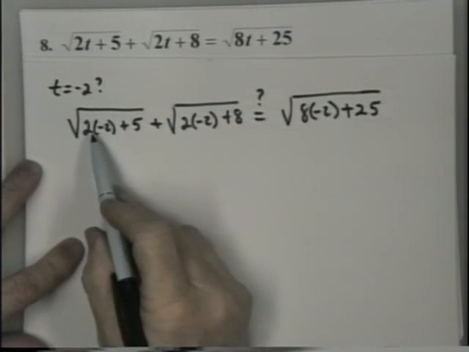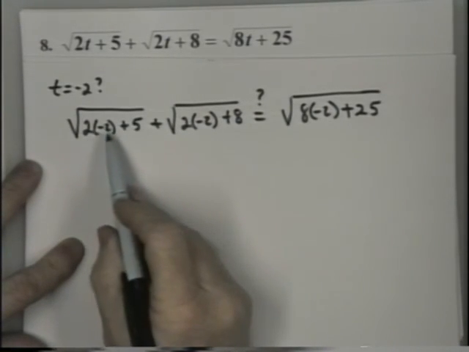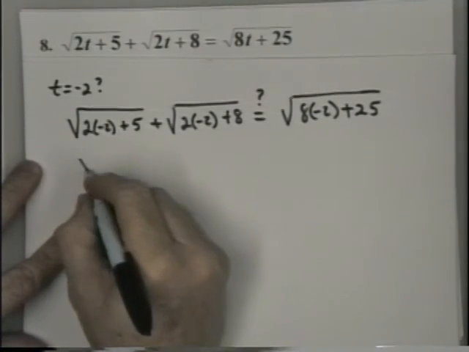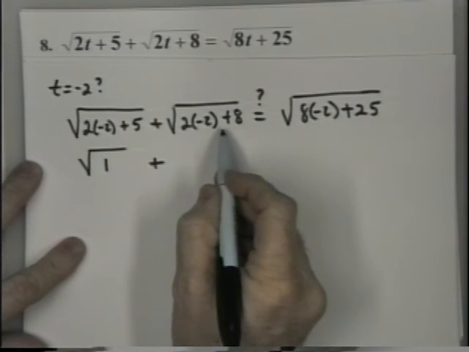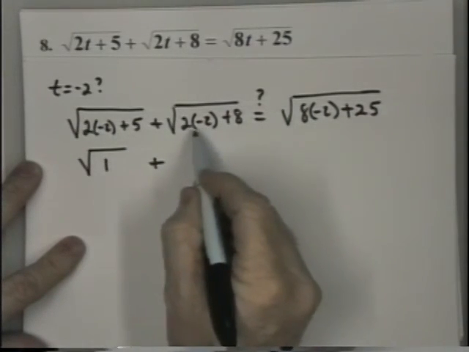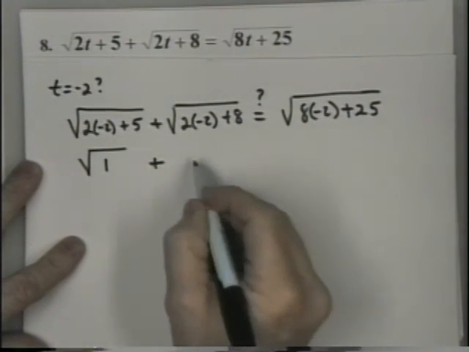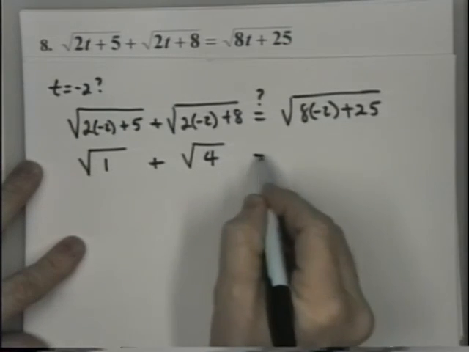Well, on the left side, that's 5 minus 4, or the square root of 1. And this one is, again, negative 4 plus 8. That's the square root of 4.